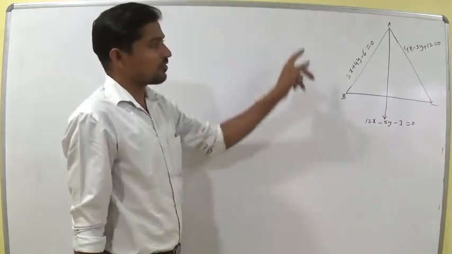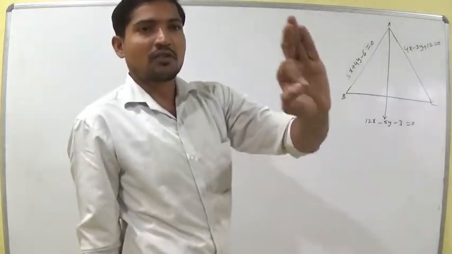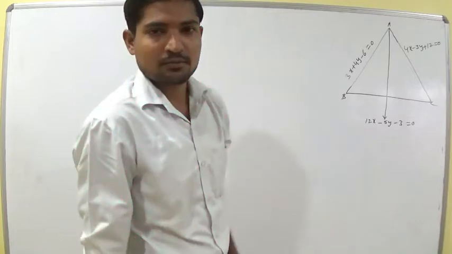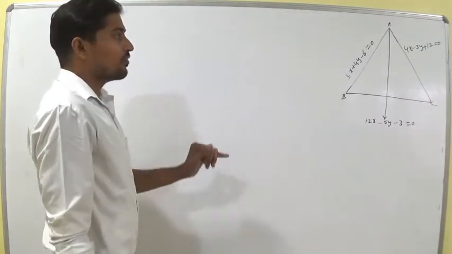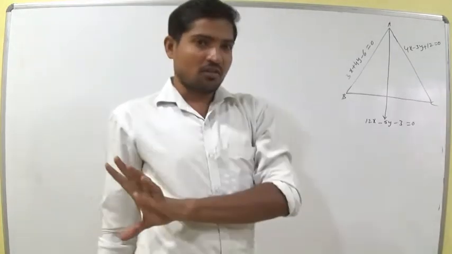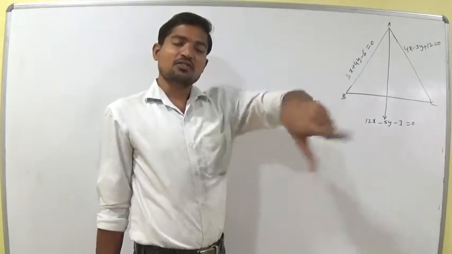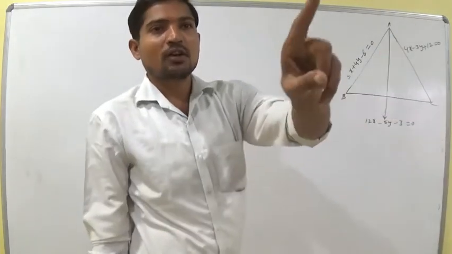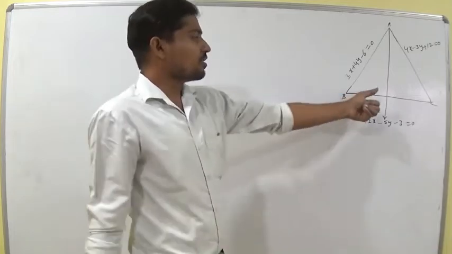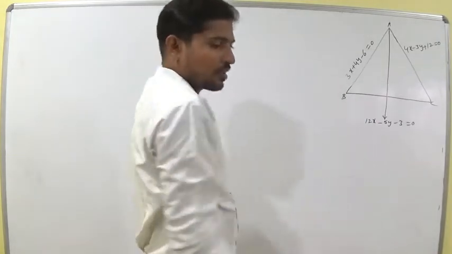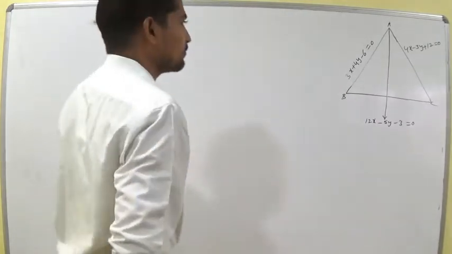That identity we can use to find the equation of an angle bisector of two lines. Then we get two equations. Which one is correct? For that we have to verify using these two vertices. So let us see the process.